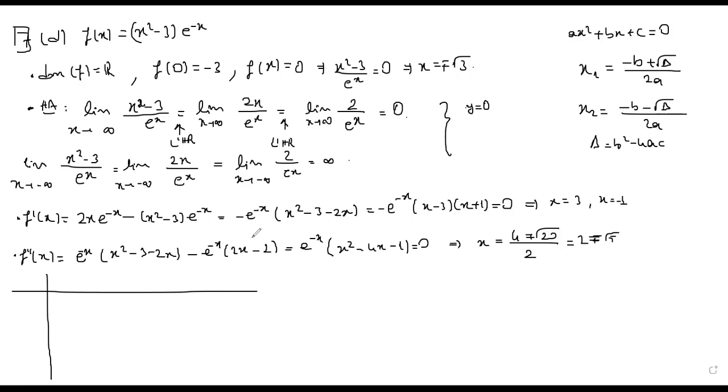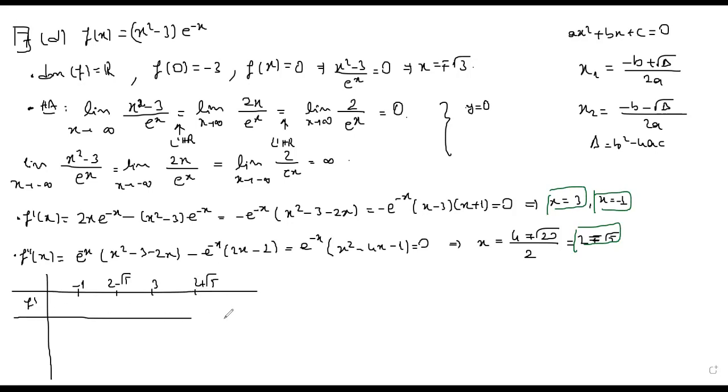So what do we have here? You see, we have -1, this, and these 2 points. Now we have -1, 2 minus square root of 5, 3, and 2 plus square root of 5.